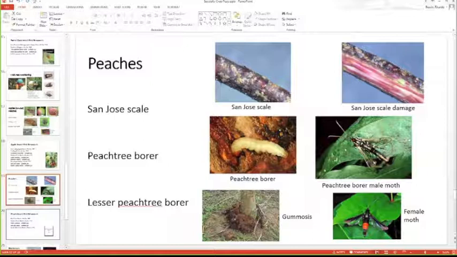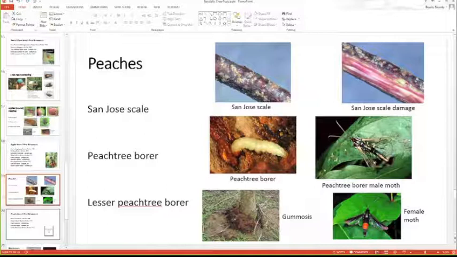Peach tree borer is also a problem, as well as lesser peach tree borer. The larvae will tunnel underneath the bark, and they can damage trunks and scaffold limbs, or potentially even girdle some of those if it's very severe.